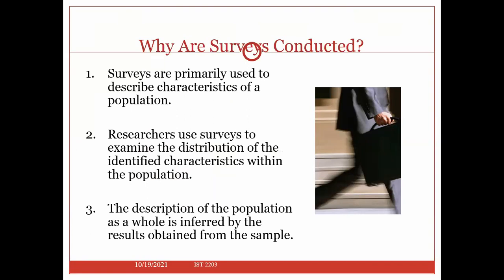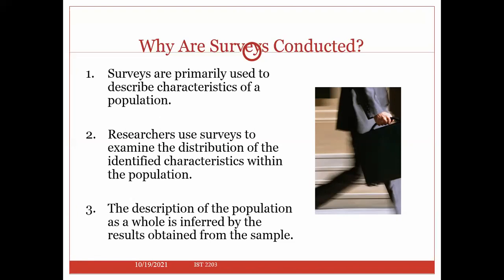How tall, how short, how all this kind of details about people. So, and the researchers use surveys to examine the distribution of the identified characteristics within a population. So after you get your data, you can now see how rich people are by just looking at the numbers, how poor they are by looking at the numbers.